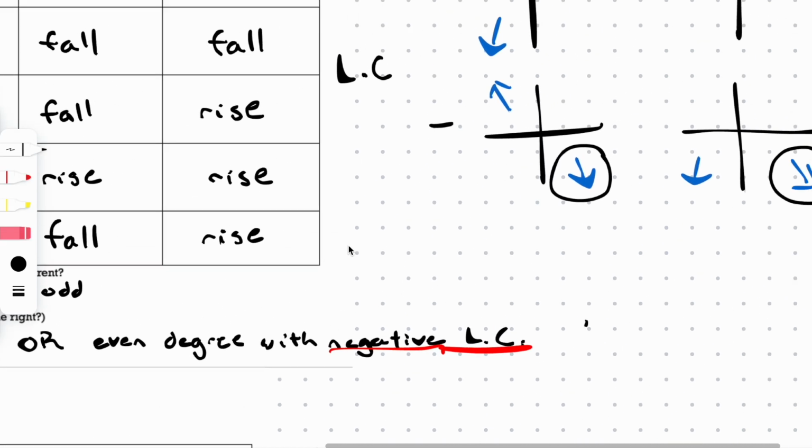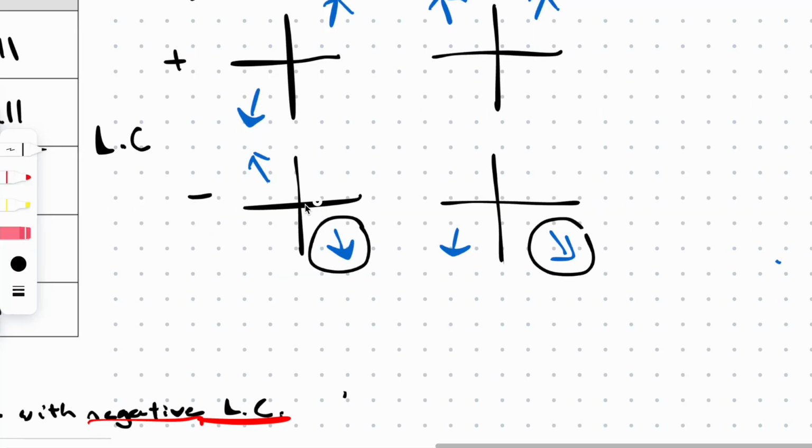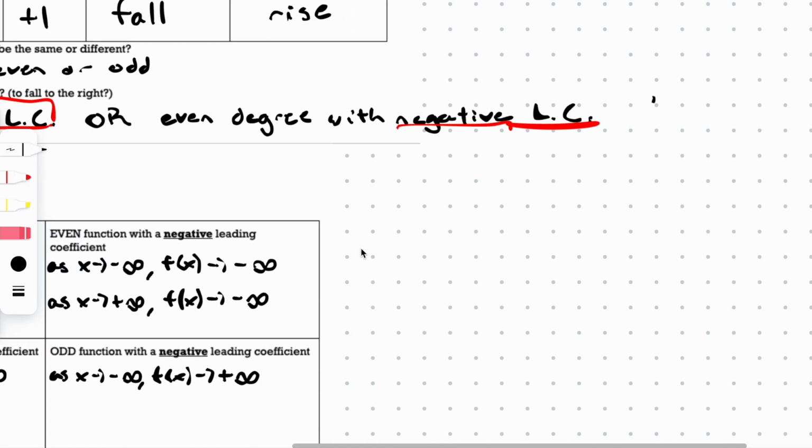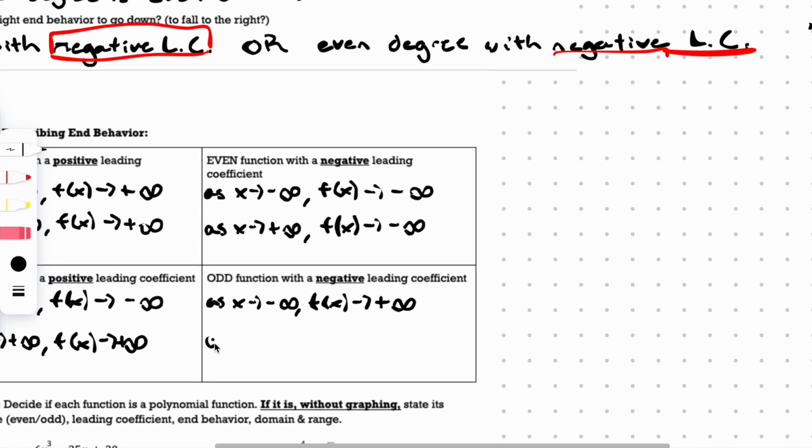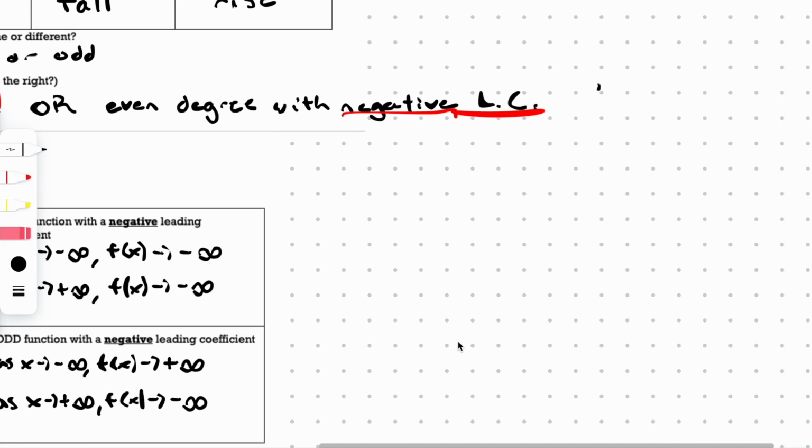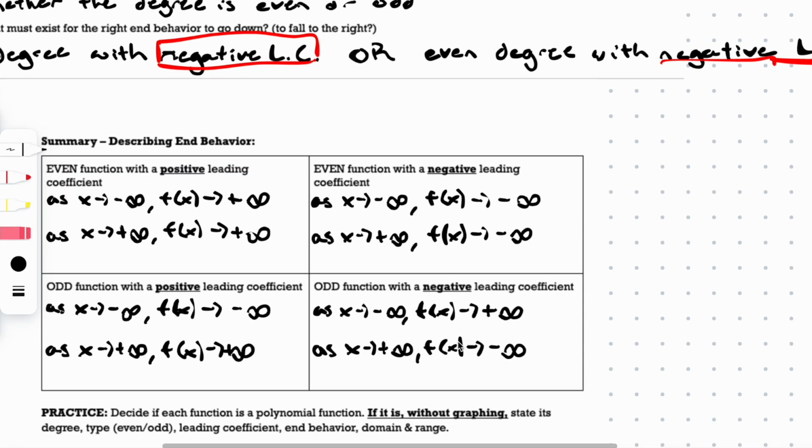And on the other side, as x approaches positive infinity, y approaches negative infinity. It goes down here. So as x approaches positive infinity, f of x approaches negative infinity.